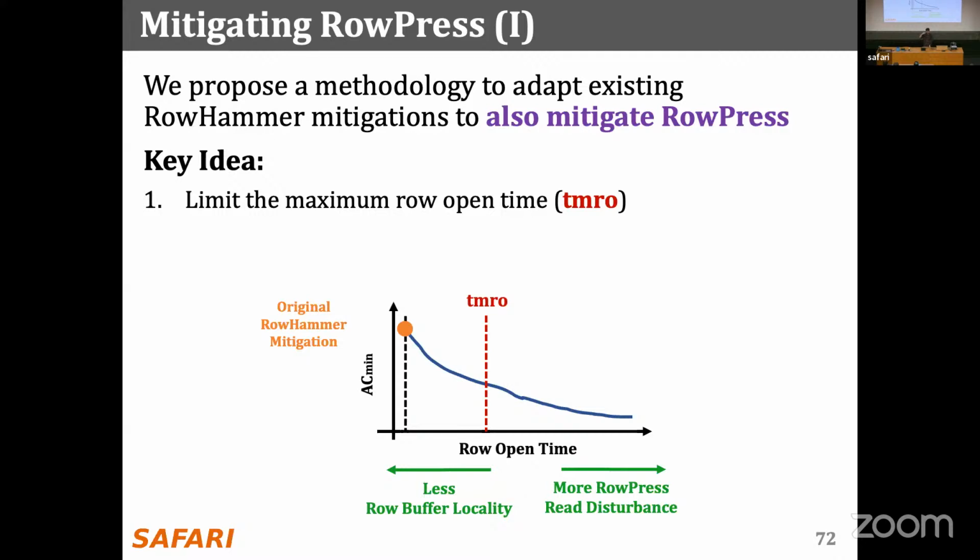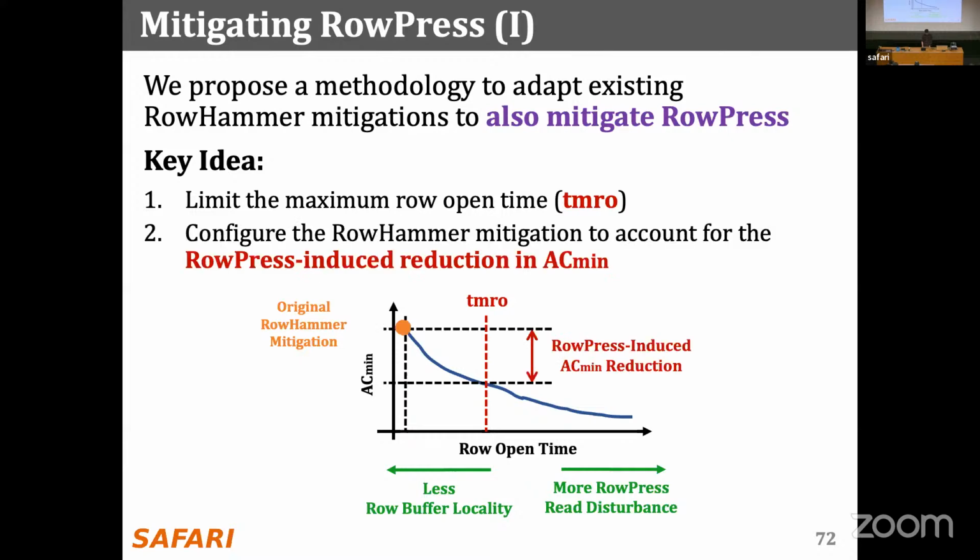This should be well below the maximum row open time specified by the JEDEC standard from the refresh timings, and it becomes a knob that we can tune to balance between the performance overhead and the aggressiveness of the mitigation mechanism.